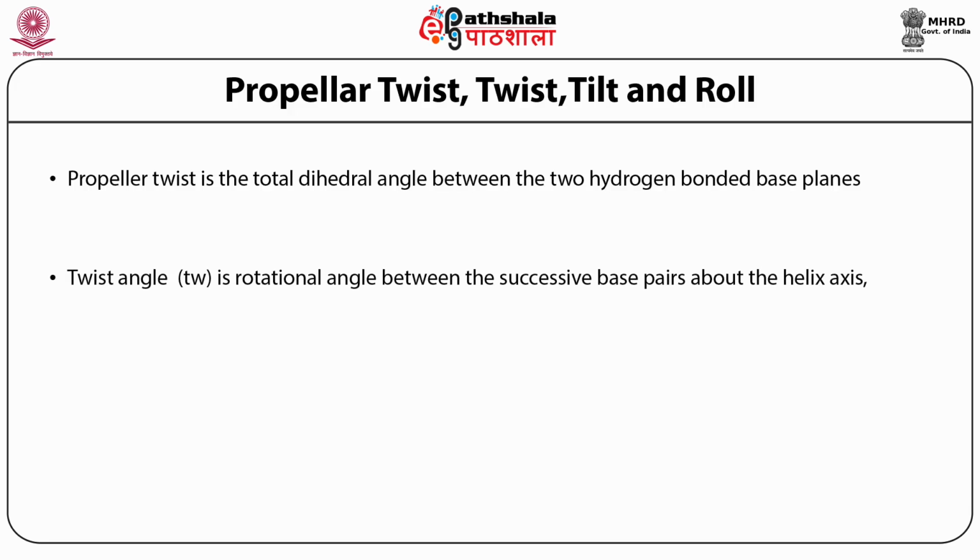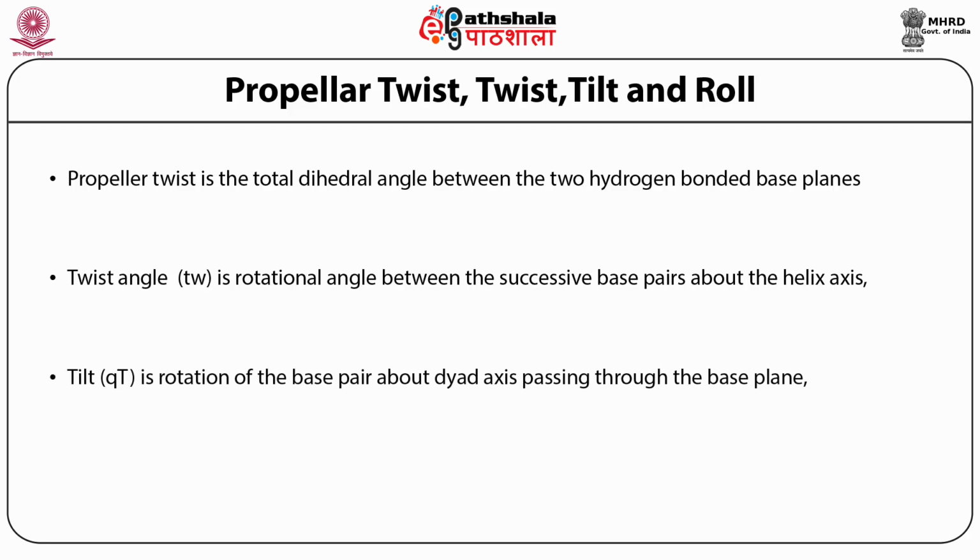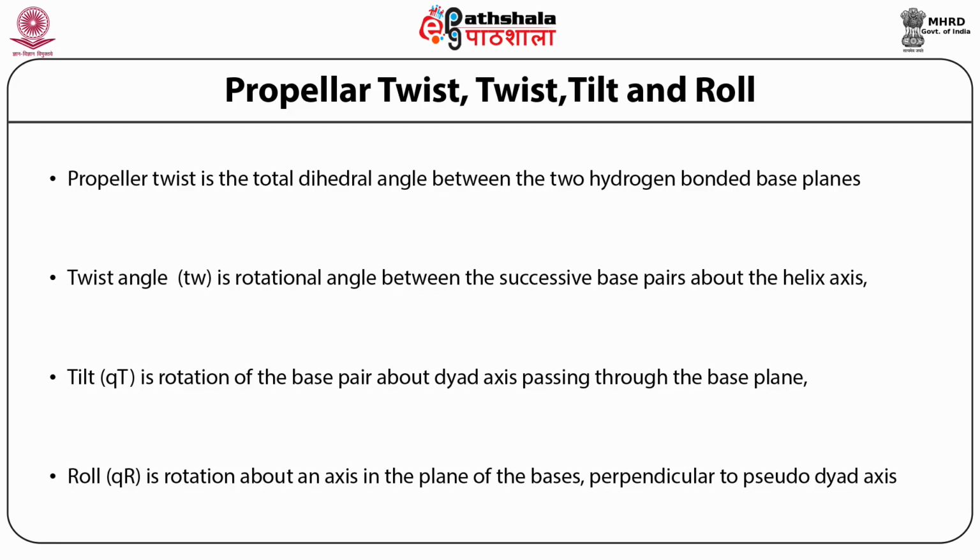The twist angle, generally given as TW, is the rotation angle between the successive base pairs about the helix axis. Tilt, theta t, is the rotation of base pair about the dyad axis passing through the base plane. And roll, theta r, is rotation about an axis in the plane of the bases perpendicular to the pseudo-dyad axis.